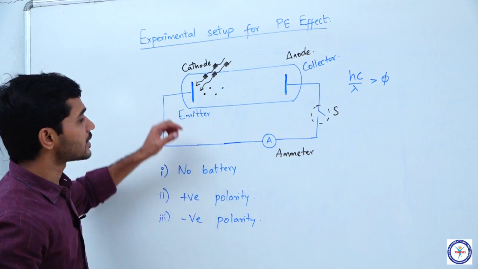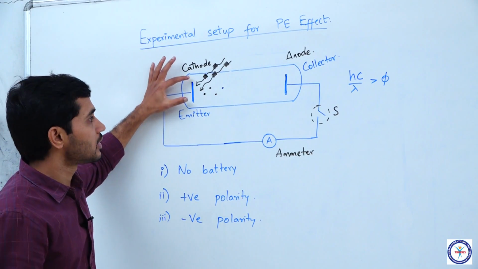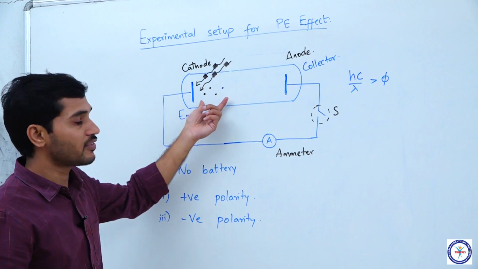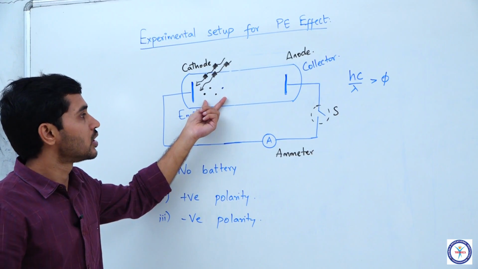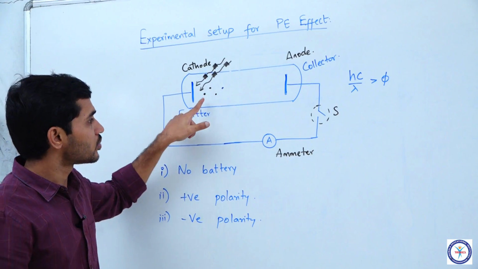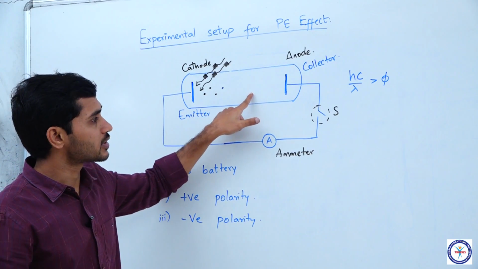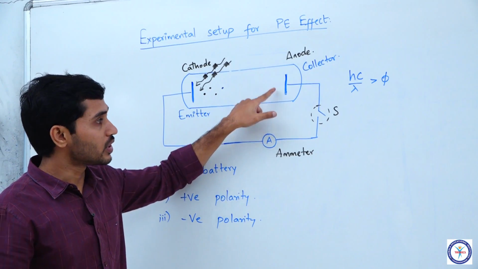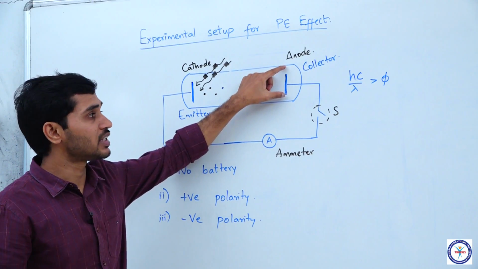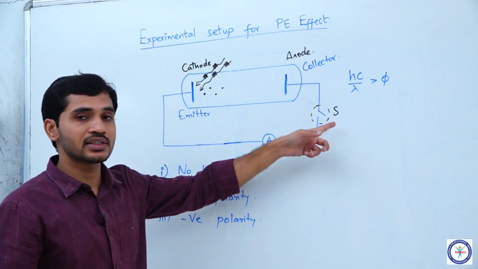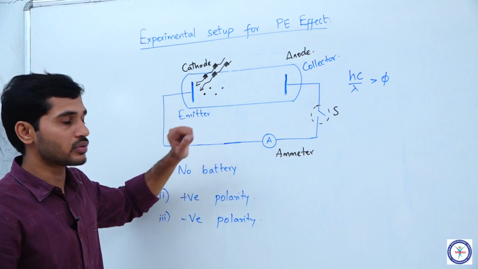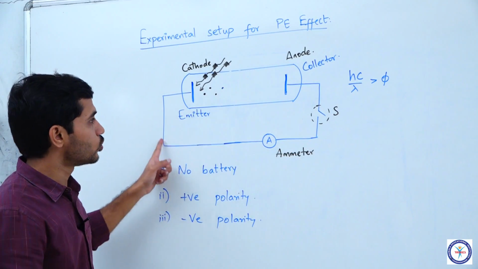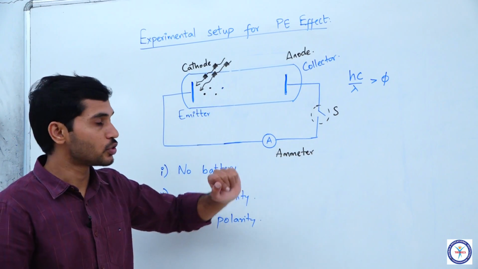Light is incident onto this metal surface, electrons have come out, and some of them have high kinetic energy. Because of the kinetic energy which they possess, they might be able to reach the anode, and once they reach the anode, it collects the electrons and some electrons start flowing back to the cathode, and a closed loop of flow is established over here.